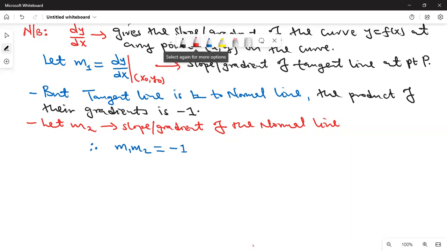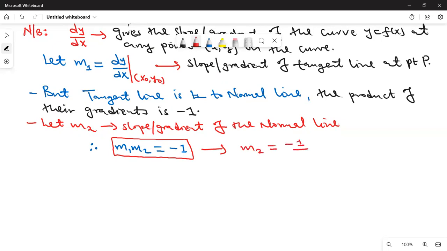That is the condition for two lines to be perpendicular: if you multiply their slopes, you need to get -1. So if you know m1, it is possible to get m2. From here, m2 is simply equal to -1 over m1. So we now know how to find the slope of the normal line and the slope of the tangent line. Now what we remain with is, how do we find the equation of the tangent line?